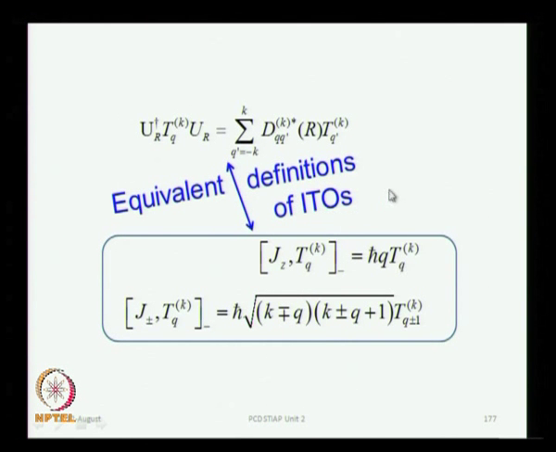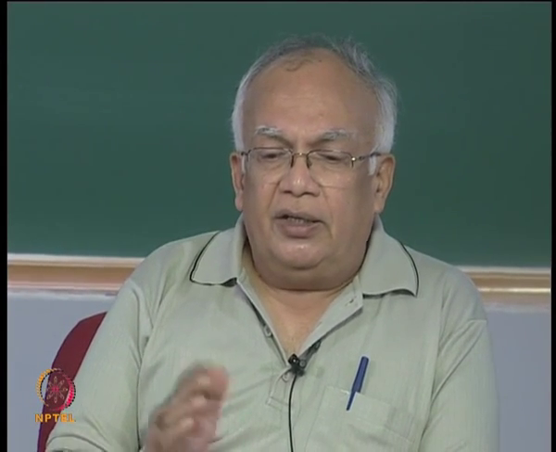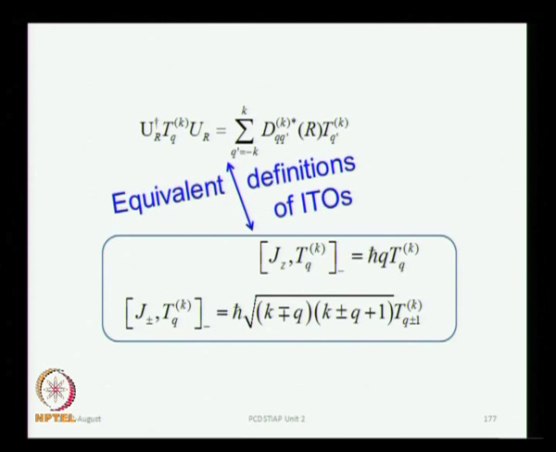And you will find in various books an irreducible tensor operator defined either by the relation at the top or by the relationship that you see at the bottom, which is in terms of how the components, the members of the irreducible tensor operator, how each member of the family commutes with the angular momentum operators jx, jy and jz.